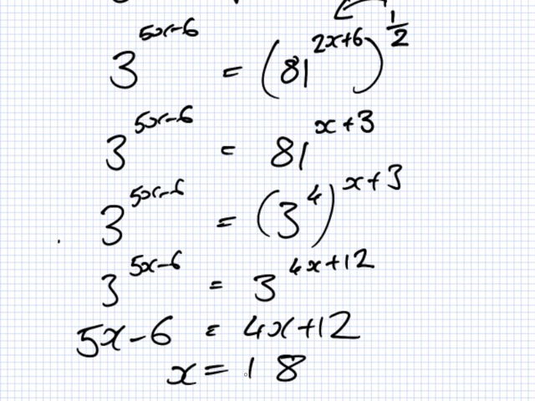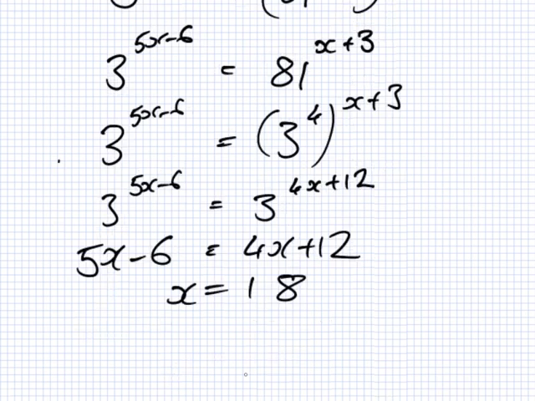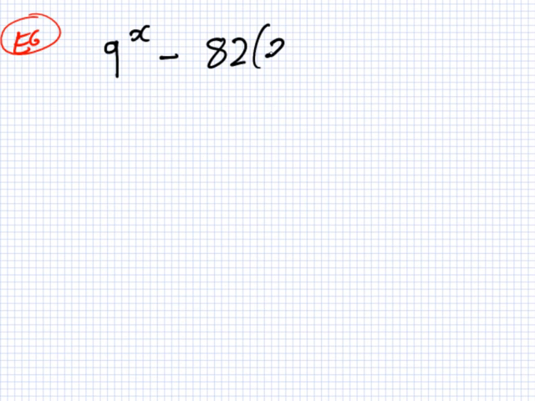Got this? Got this? Yeah? Okay. So let's have a look at the next example now. Nine power x minus 82 times 3 power x plus 81 equals 0.